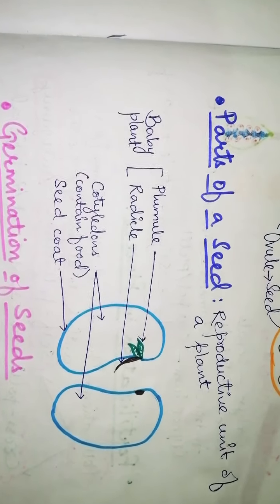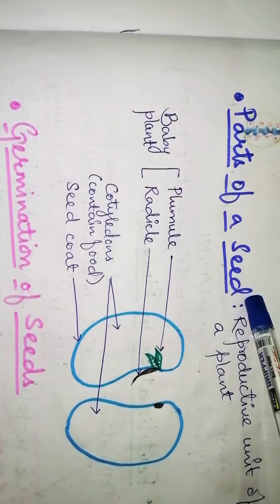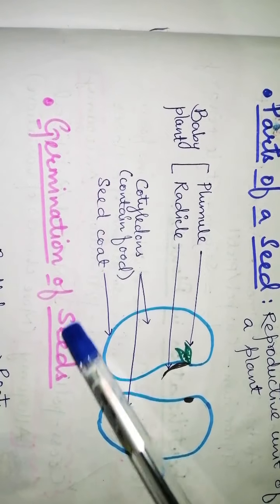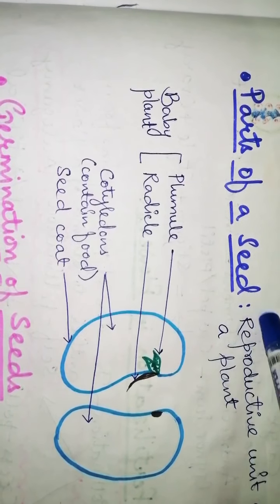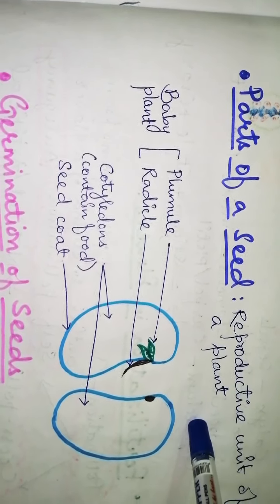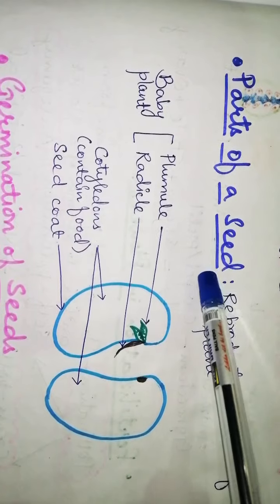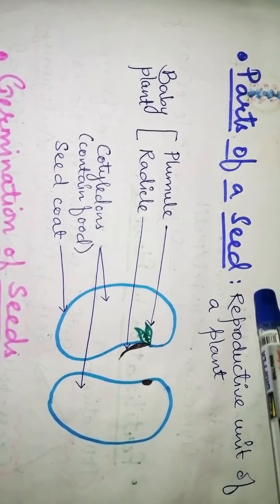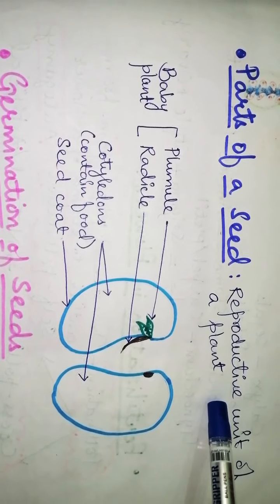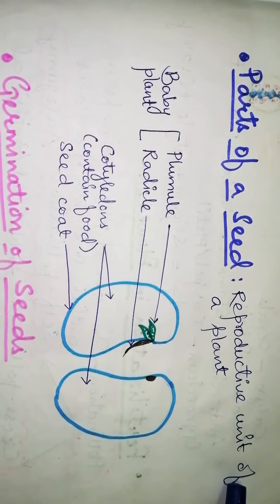So let us see what happens to the parts of a seed in the process of germination. First of all, the seed is the reproductive unit of a plant. That means from this seed, the new plant can germinate or arise.